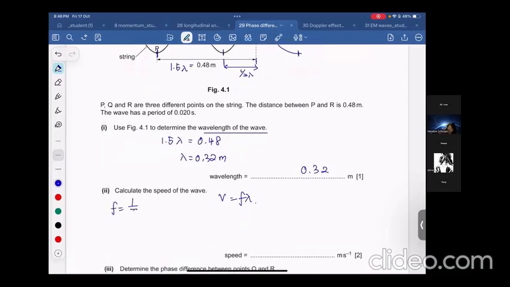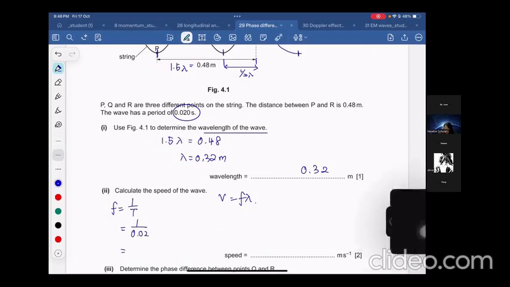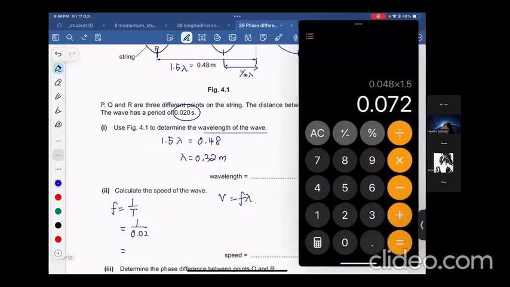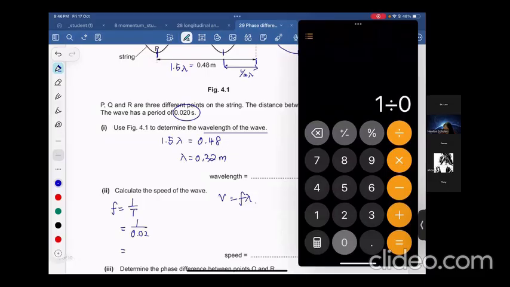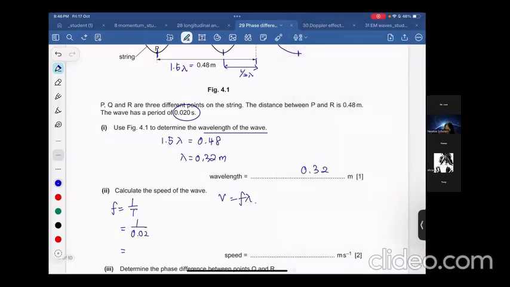Frequency is 1 over period, because here they give us the period. So 1 over 0.02 is 50 hertz. 50 times the wavelength 0.32 gives 16 meters per second.